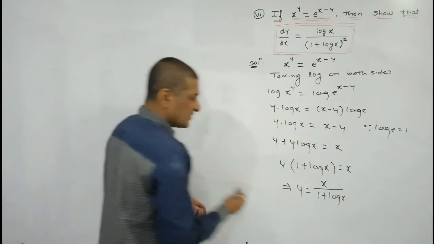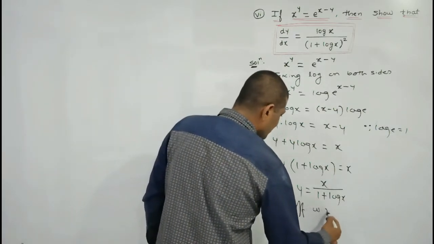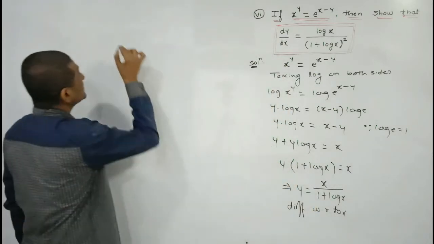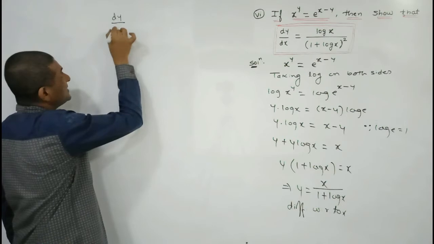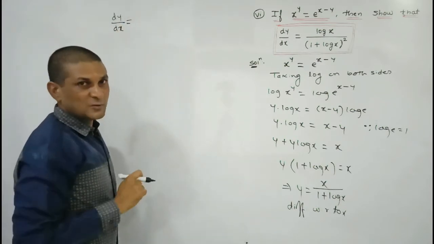Now let us differentiate it with respect to x. So the derivative of y with respect to x is dy upon dx. On the right hand side, let us see what we'll get applying the quotient rule.